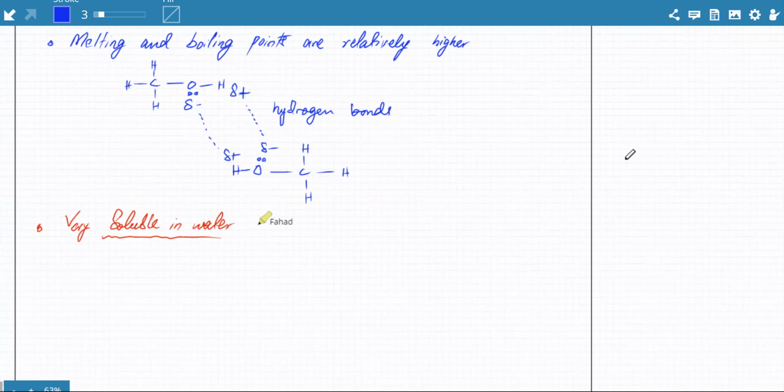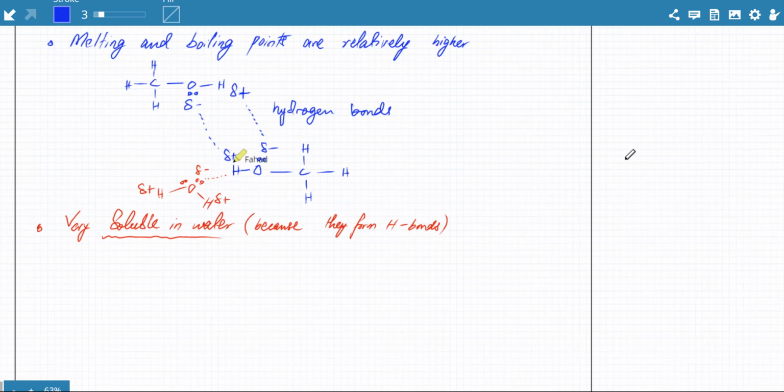Why? Because they form hydrogen bonds. ठीक है, because they form hydrogen bonds. So for example, even if there's a water molecule here, the lone pair would be attracted to the H positive.